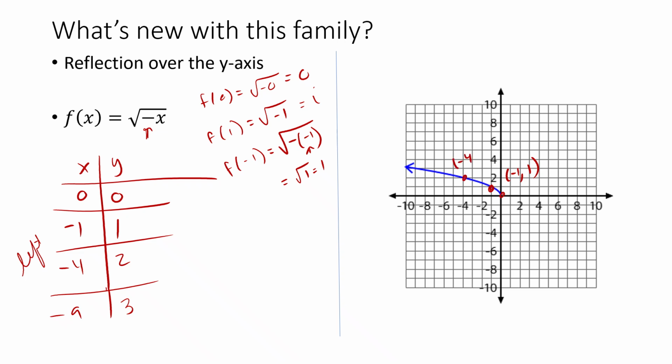I am over here at x is negative 4, and right here at x is negative 9. Why? Because I had to bring in a negative in order to combat, so to speak, or cancel out the negative that was already there. So this is a reflection over the y-axis. Remember that our parent function is going that way. And that is a new feature of this particular family, where you do not have to have some kind of translation in order to see this reflection.